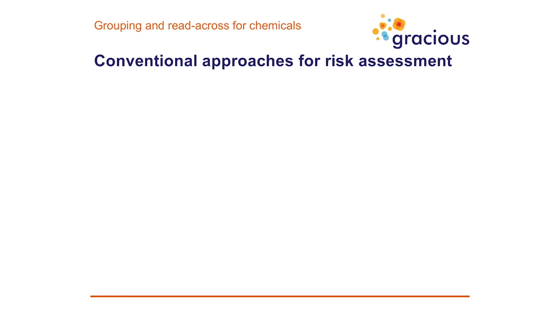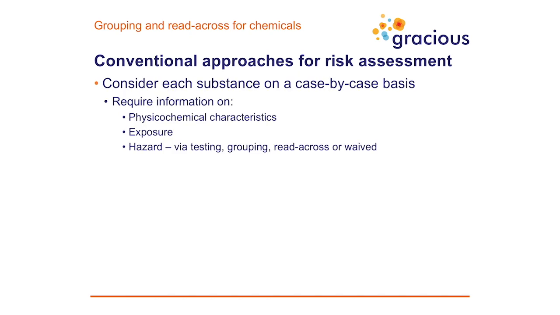If we think about conventional approaches for risk assessment, these consider each substance on a case-by-case basis. To do this, they require information on the physicochemical characteristics of that substance, exposure to the substance, and any hazard information relevant to that substance.